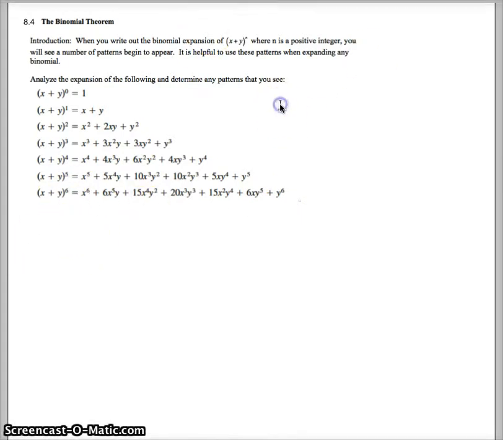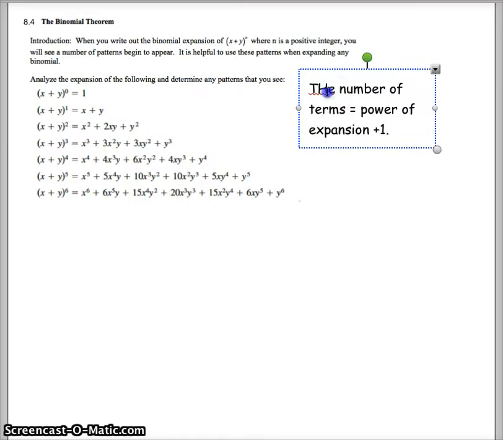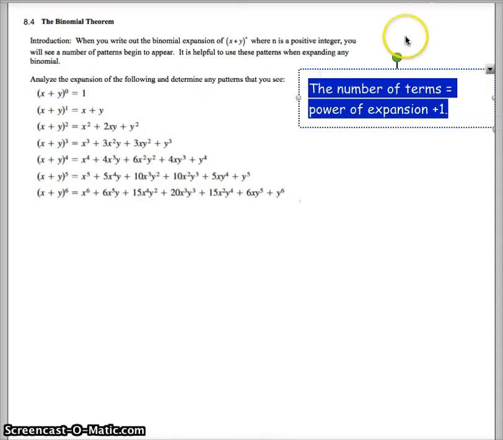So we could say that the number of terms is equal to the power of expansion plus 1. All right, so that's one observation.